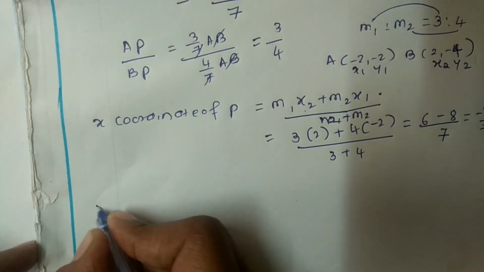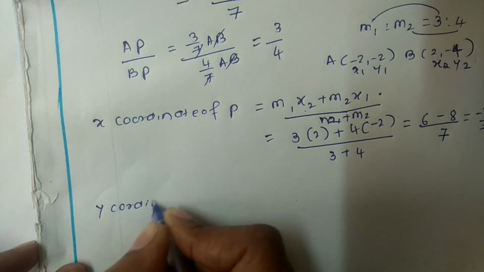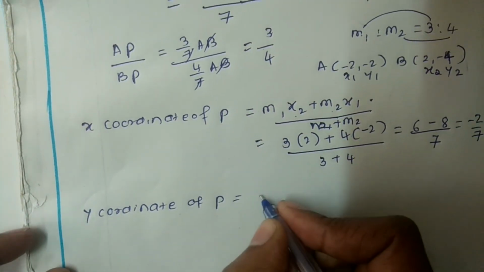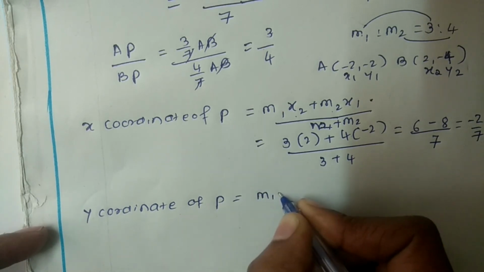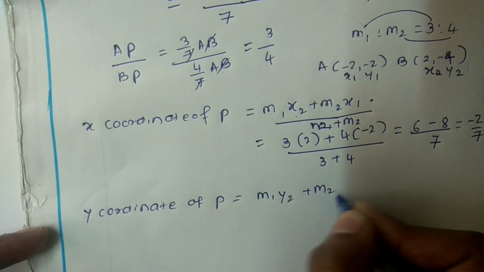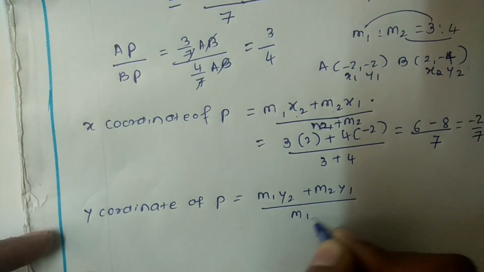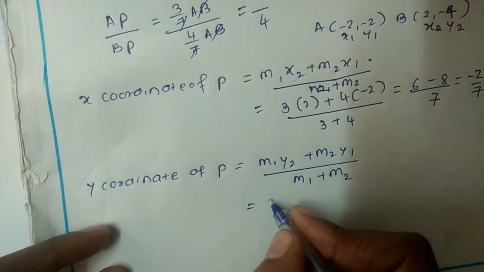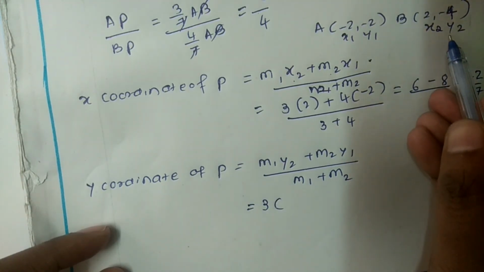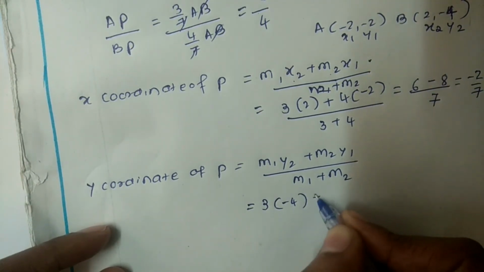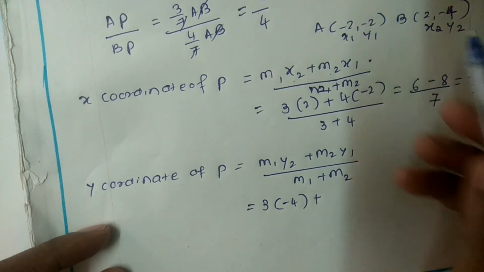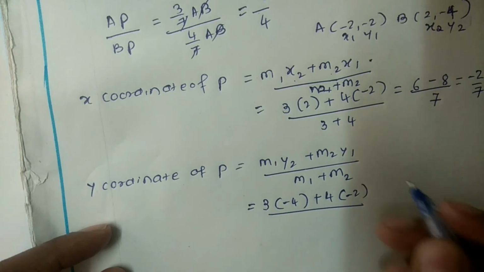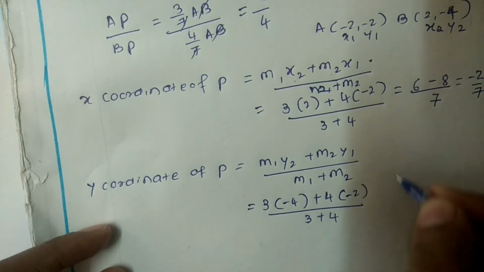Now we'll find the y coordinate of P. Same formula, just replace x with y: m1 y2 plus m2 y1 divided by m1 plus m2. Put the values: m1 is 3, y2 is minus 4, plus m2 is 4, and y1 is minus 2, divided by 3 plus 4.